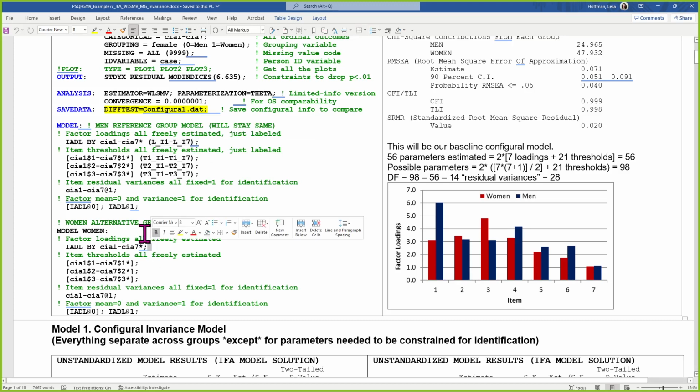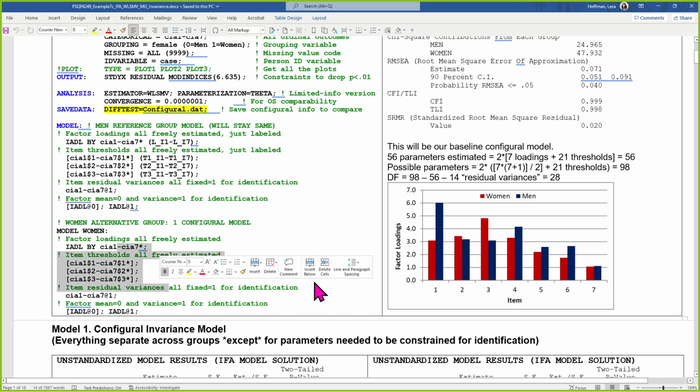And once the same label is used in both groups, the parameters are constrained equal across groups. But right now, because none of these are labeled, they're not constrained equal. Everything is separate. So we're fitting a single factor model separately in men and women, but simultaneously, so that we can use its combined fit as a baseline for judging decrements to fit after applying constraints.